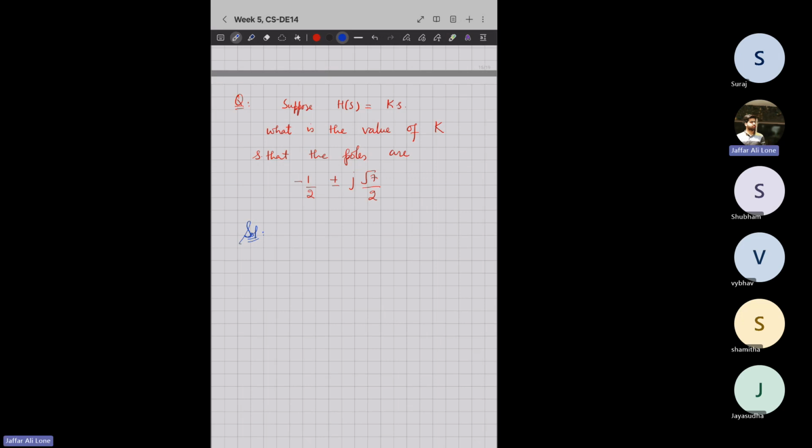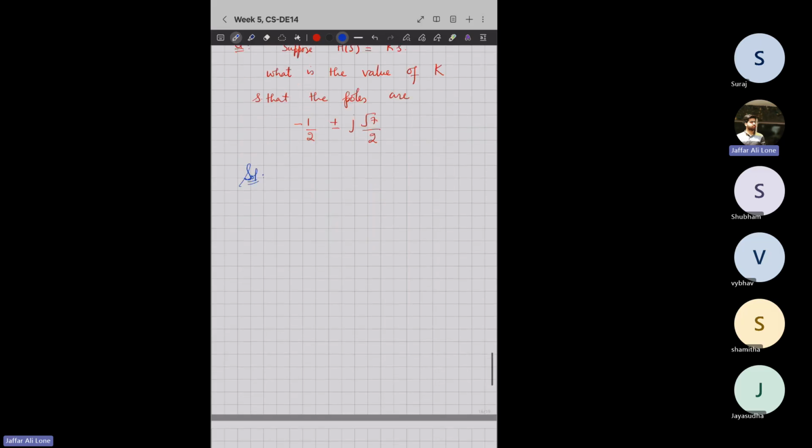Very simple. See, now your H changes. So in place of H, you will put k into s, and then after that, you'll just compare. Okay, I'll do one thing for you.